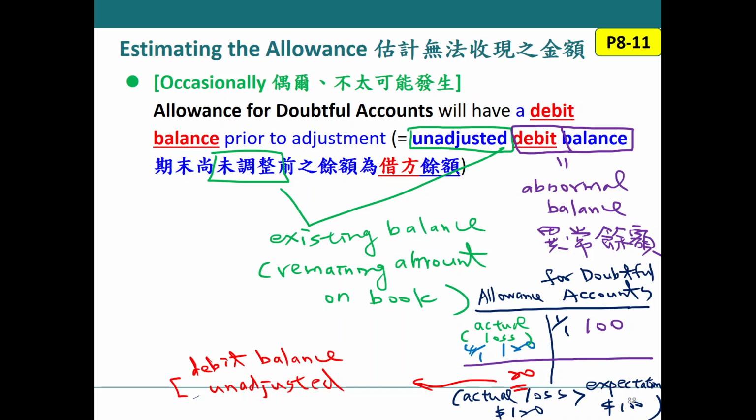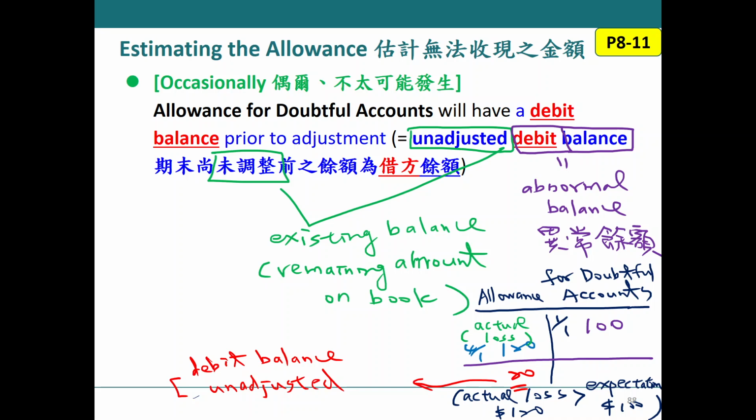Any questions? No problem? Then why do we say it's a rare and special case? Because usually when you estimate the loss, when you estimate the risk, we are more conservative. Since we are more conservative, when we expect the risk, we will expect more. So someday when your expectation is still not enough for your actual loss, what a surprise, right?